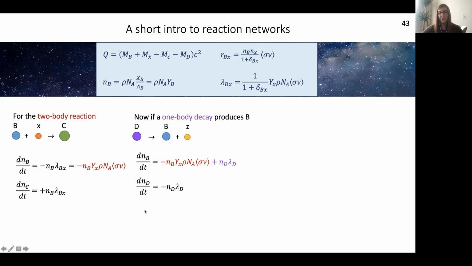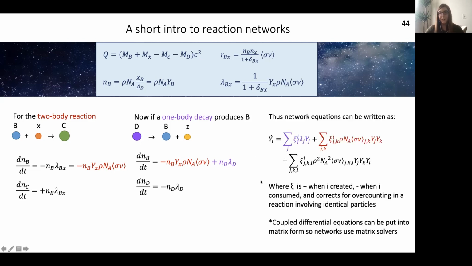And likewise, your D now is just going to be determined by this decay if this is the only thing in the network that D can do. But I'm essentially using B to highlight that an individual species can undergo many different things. It can capture, it can decay, it could have things decay into it. So there are a lot of terms that then have to be considered.